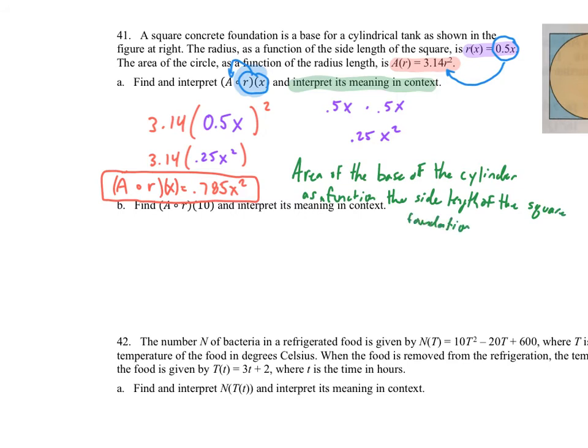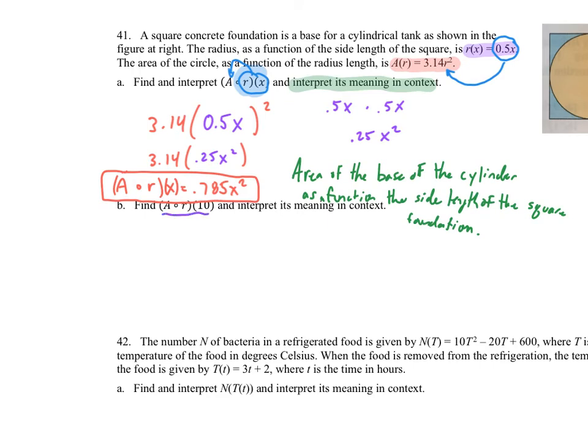If you think back to question 26, it had a really easy interpretation, and number 42 also has a really easy interpretation to understand, so I wouldn't worry too much about something crazy like this. They do want us to find A of r of 10.